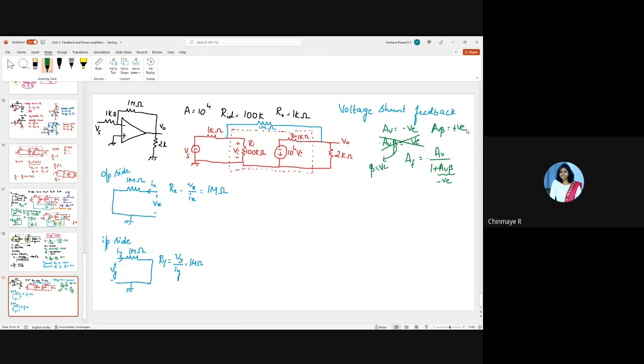Right? AV into beta can never be negative. AV can be negative. If AV is negative, then beta will also be negative so that AV into beta is positive. Because if AV into beta is negative, then it just depicts that your feedback is positive and it's not negative, which is not true. Right? So this is one thing you should keep in your mind.